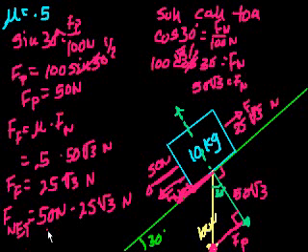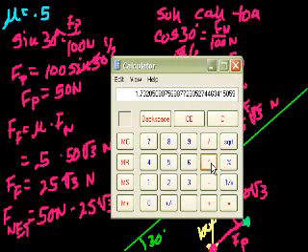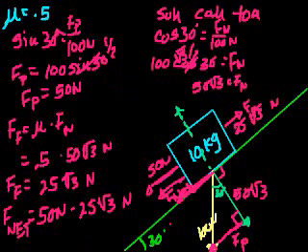Let me figure out what that is. 3, take the square root, times 25, let me make that into a negative number, and then plus 50 equals roughly 6.7 newtons. So this is equal to 6.7 newtons.